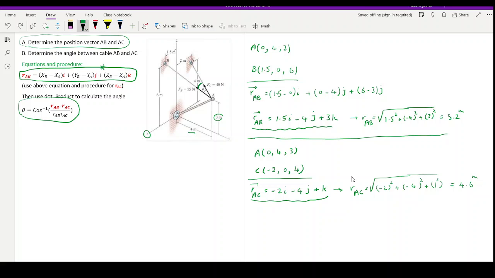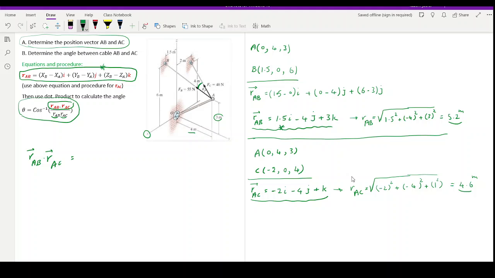Now, from this equation, I have this part. This is the magnitude that I calculated here. It's 5.2. And also I have this part, which is 4.6. I don't have these, but you know that RAB dot RAC is equal to, for dot product, if you review your book, it's just I component times I component, J component times J, and K component times K. So it's 1.5 times negative 2.